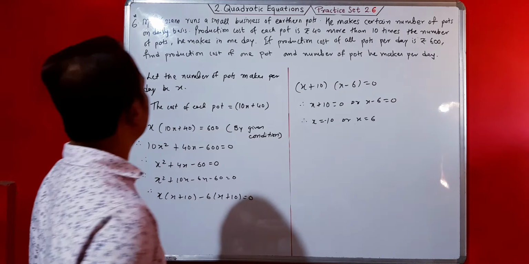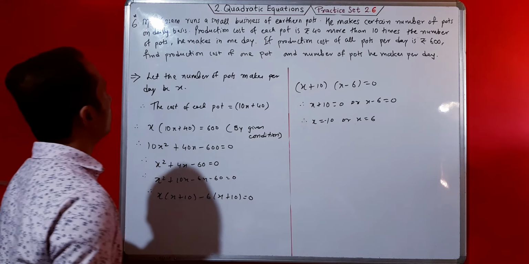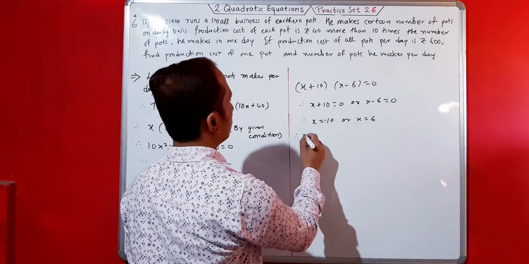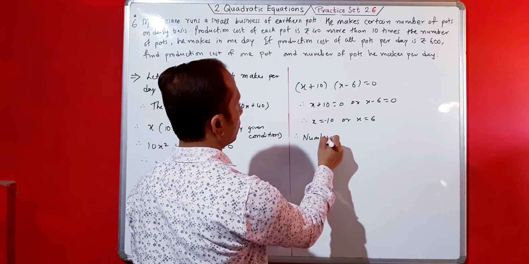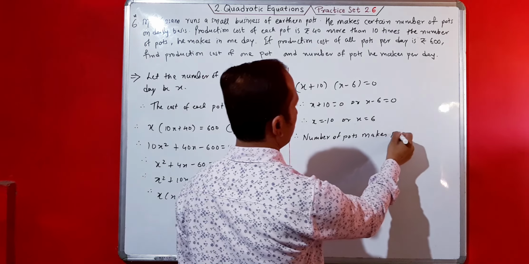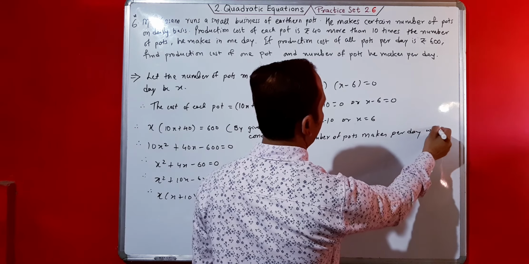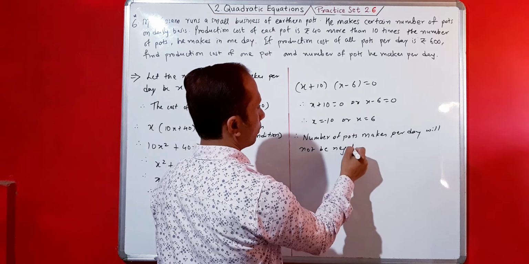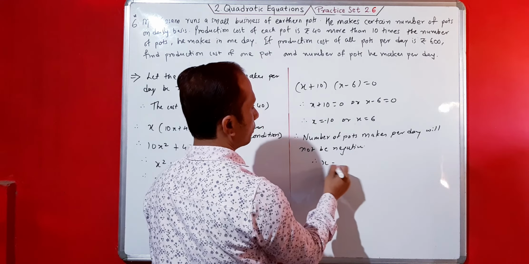Okay, so the number of pots made per day will not be negative. So x is equal to 6.